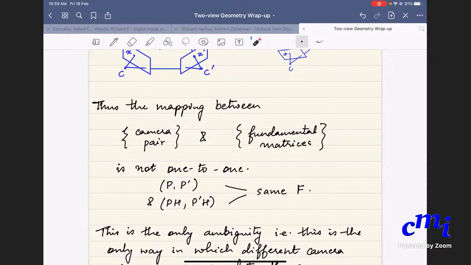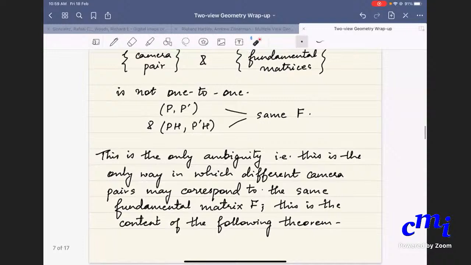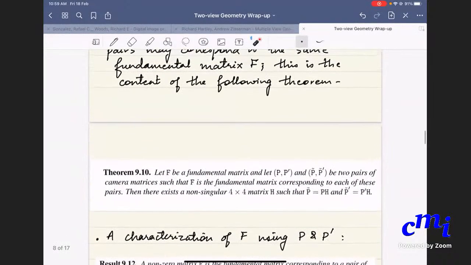The difference between the pairs that will appear here is only of a homography, which means the pairs will all be connected to each other through some homography. And this is the only way in which different camera pairs may correspond to the same fundamental matrix. So that's what this theorem says.